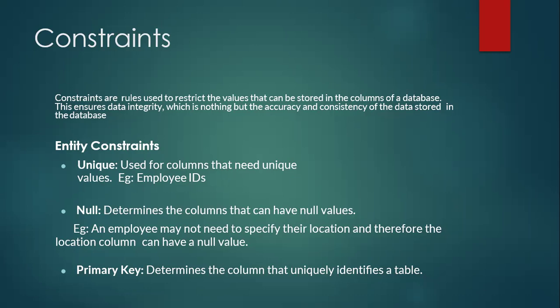It takes only unique values, so it cannot take duplicate values. So the major difference between unique and primary key is that unique constraint can take unique values and null values also, but primary key constraint will take unique values, but it will not take null values. Clear? Yes, sir.